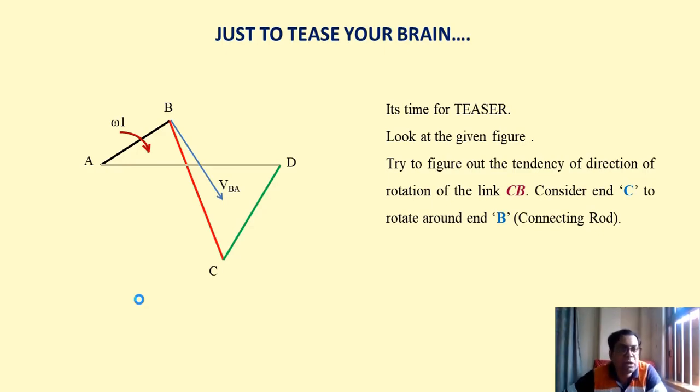Will it be clockwise or anti-clockwise? Remember, AB is rotating in clockwise direction. Can anybody among you tell me whether with respect to B, C is rotating in clockwise or anti-clockwise direction?